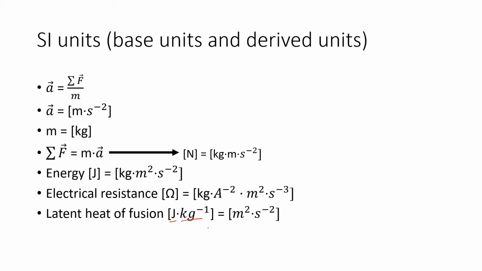Also, we can express this unit only in terms of SI base units. If we express joule in terms of kilogram multiplied by meter squared times second to the power of -2, we will obtain the unit of latent heat of fusion in terms of base units.